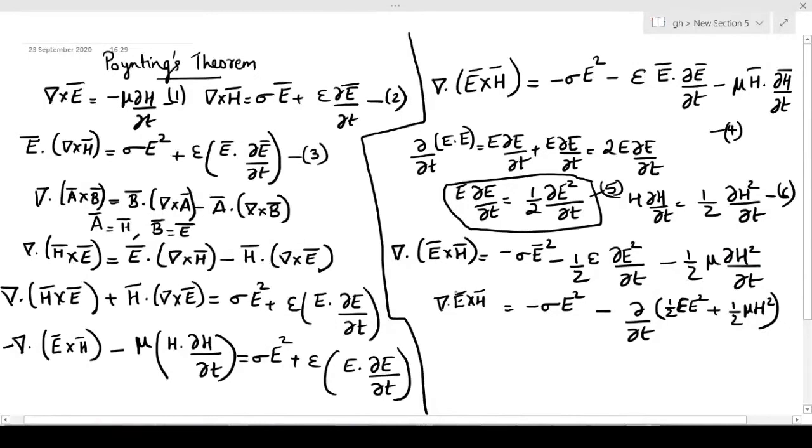Now in the next step, what you are going to do is take the volume integral.